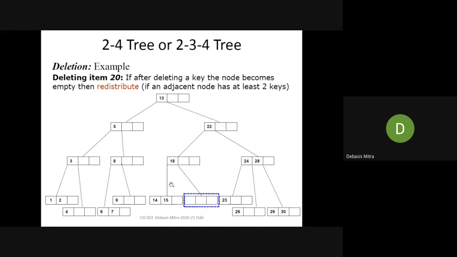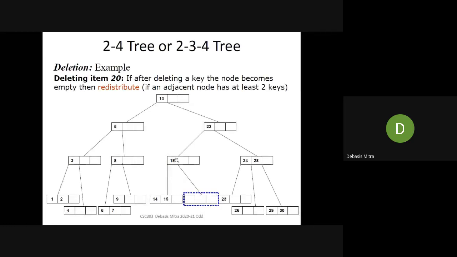See, in this way, the M-way search property is preserved. That's why we are performing this redistribution, a kind of rotation. Since we are borrowing from the left sibling, I cannot just take 15 from this left sibling to this node, because that will violate the M-way search property, and that means that will violate the B tree property also.